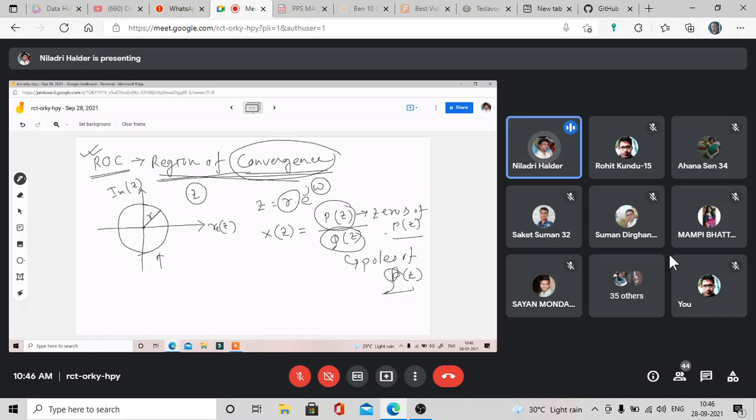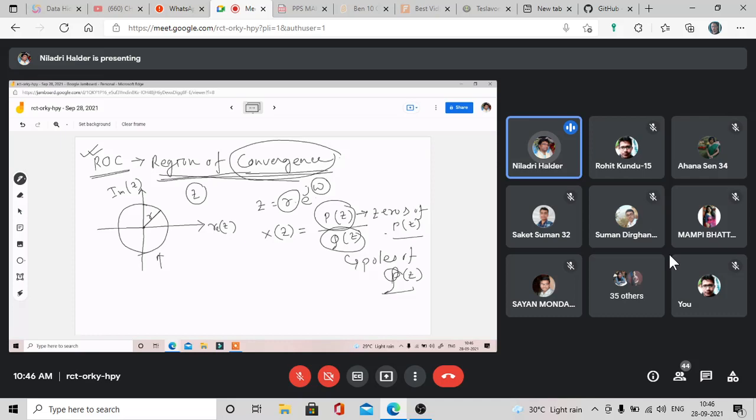The formula is x[n] z to the power minus n. That is the formula to calculate the Z transform of a value of x[n].